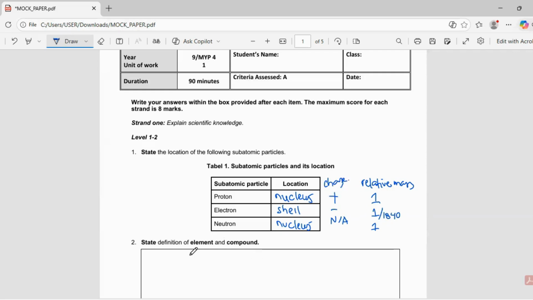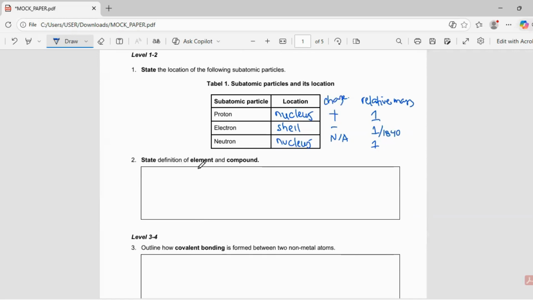Okay, and then after that, we have element and compound here. When you define element, focus that this substance only contains one type of atom, while compound is a substance that contains two or more elements combined together via chemical bonding.